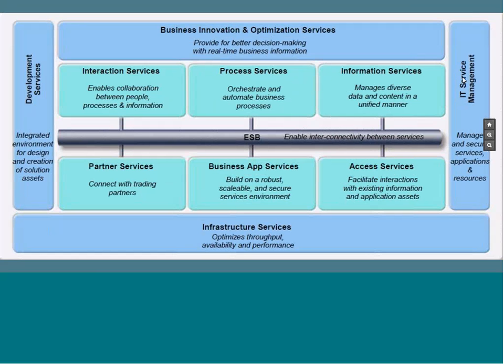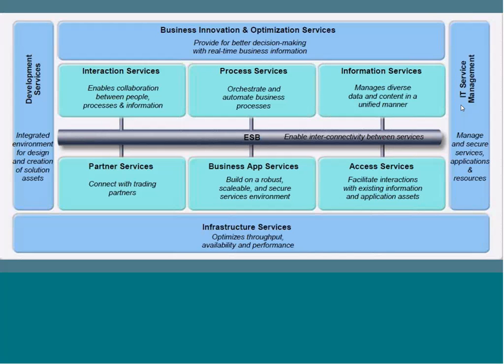IT services management is a part of service oriented architecture, and IBM has positioned a couple of its products towards it. For example, if you have heard about the Tivoli family of products like Tivoli Federated Identity Manager or ITCAM for SOA, they are geared towards IT services management.